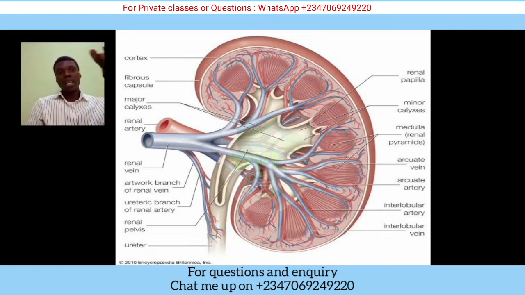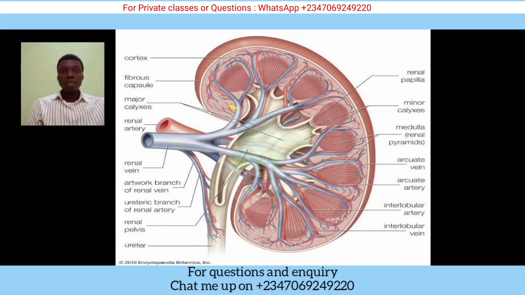The part without pattern is the cortex, where we have our renal corpuscles and the afferent and efferent arteriole. Then here we have the tubular part of the nephron, I mean to say, and some other blood vessels. You can see that. So this is the pelvis I talked about, the space. That's the third region.